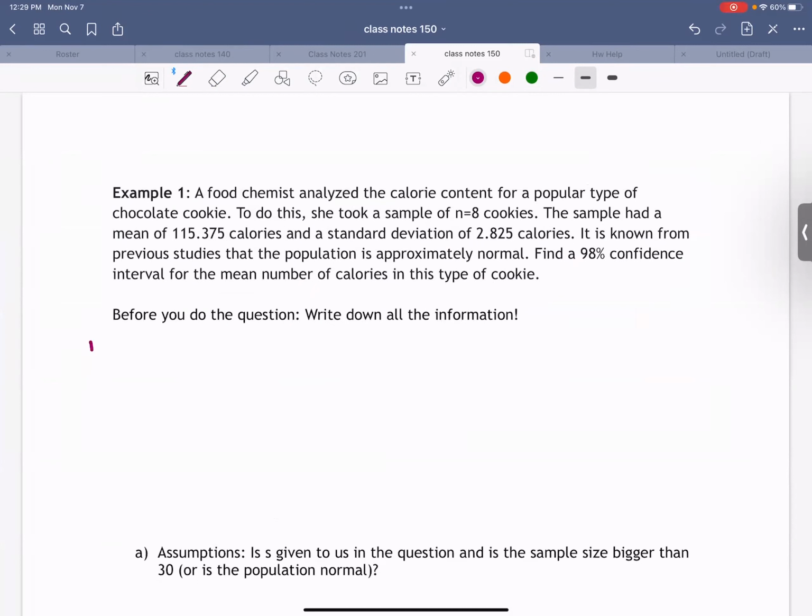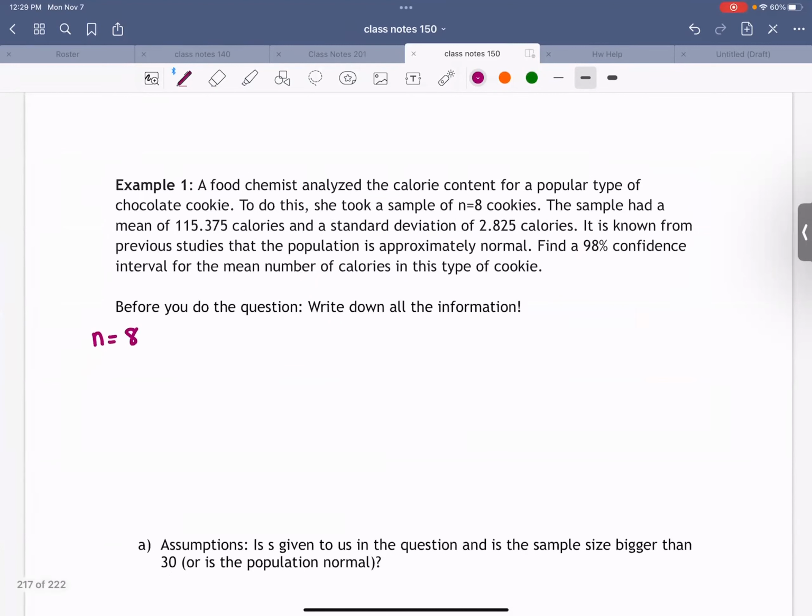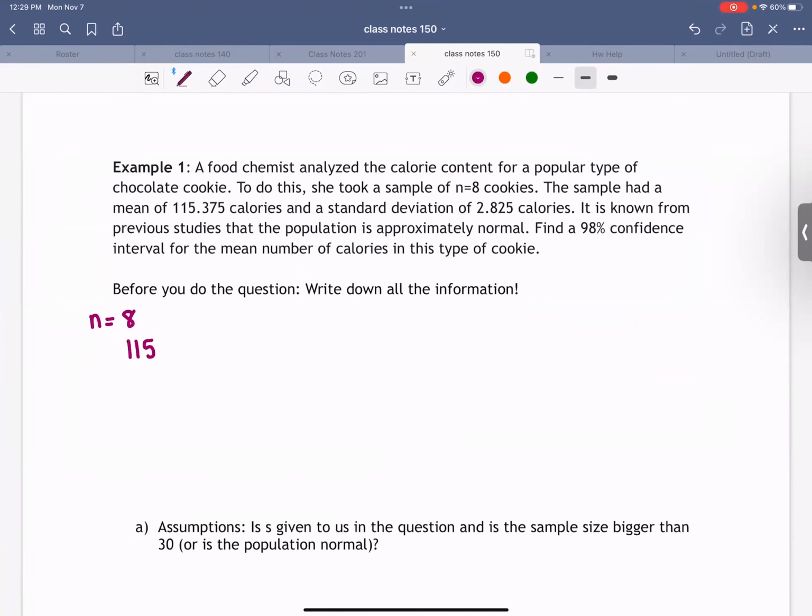Okay, we're already told that n equals 8, so we don't have to think about that. We know that the mean is 115.375. Is that the sample mean or the population mean? Sample mean, right? It says the sample had a mean. That's got to be the sample mean, right? The harder one to figure out is, okay, we have 2.825. Is that the sample standard deviation or the population standard deviation? And why do you say sample?